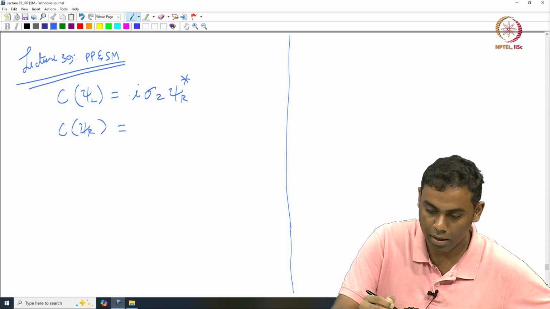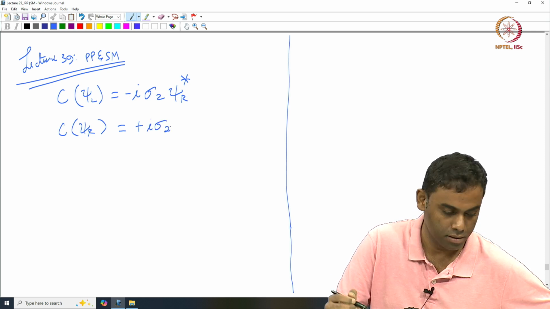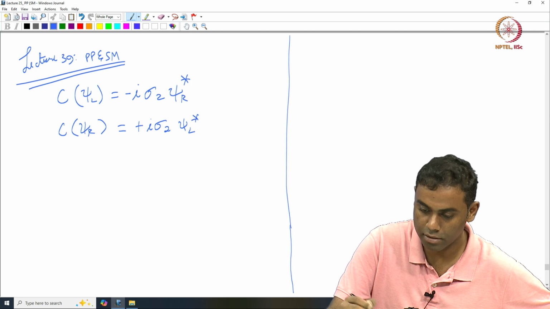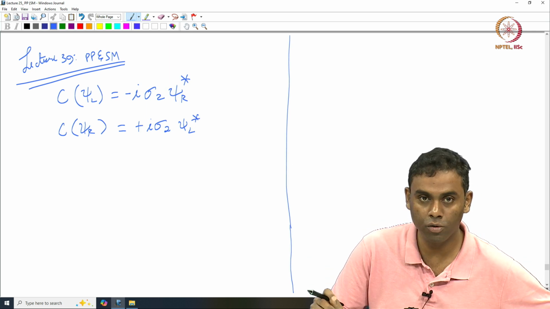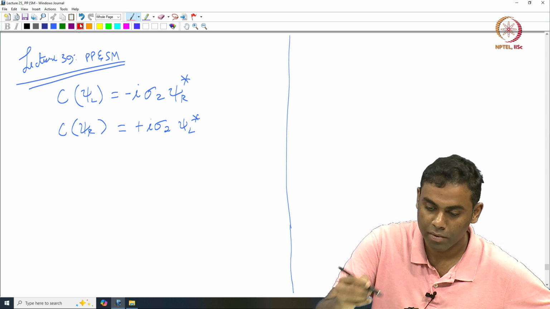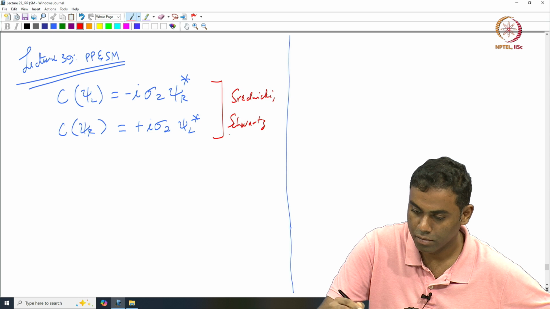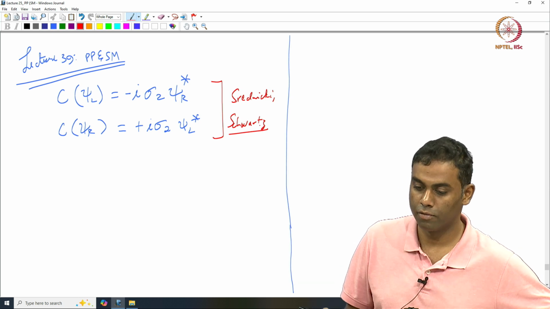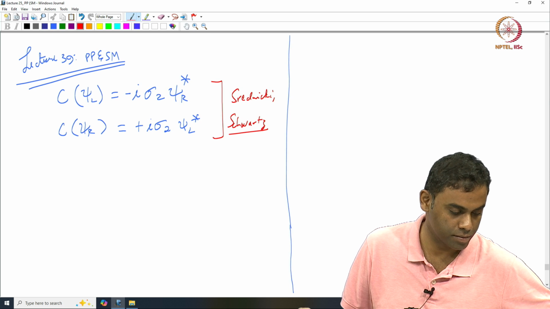Turns out there is a minus sign here, and then similarly if I hit the right handed field, I get this. So how do we know this is the correct operator? I am going to refer you to either Srednicki or Schwartz. Schwartz has a nice way of showing why this is so. Look at these QFT books.